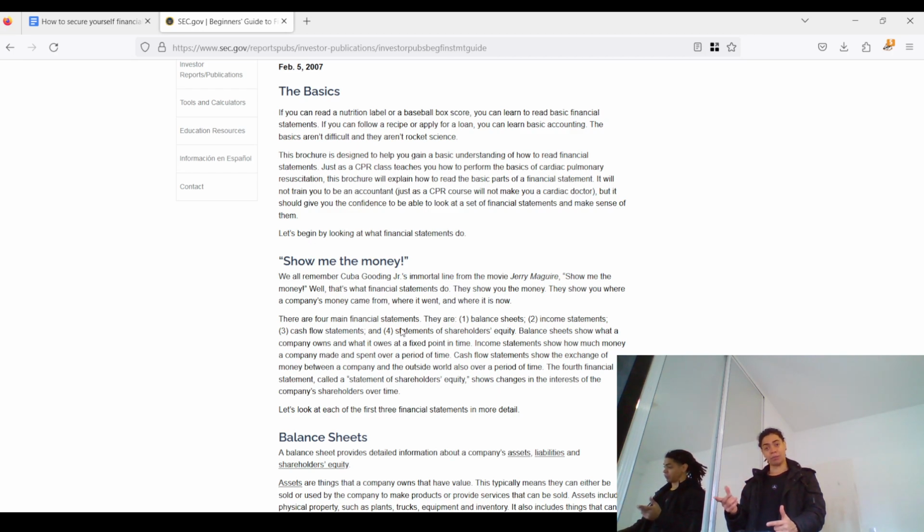The income statement, which shows how much money a company made and spent to produce goods and services over a period of time. The cash flow statement, which shows the exchange of money between the company and the outside world, as well as the statement of shareholders' equity, which shows changes in interest over time.